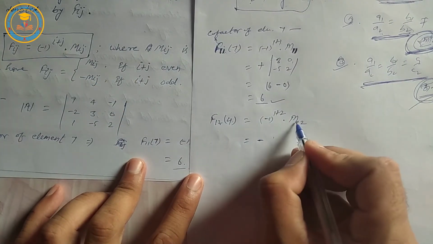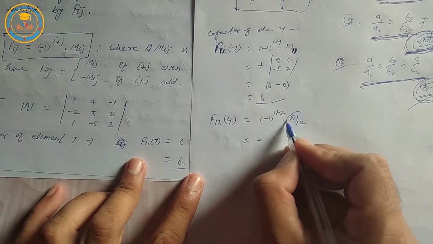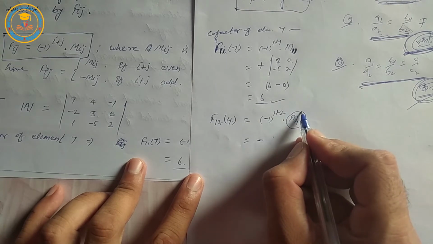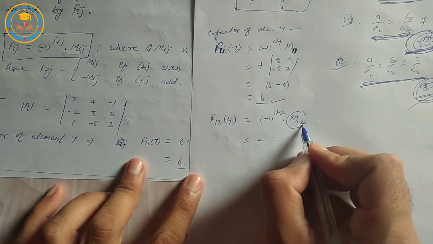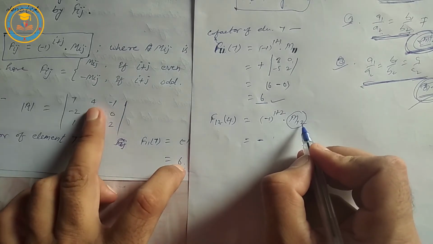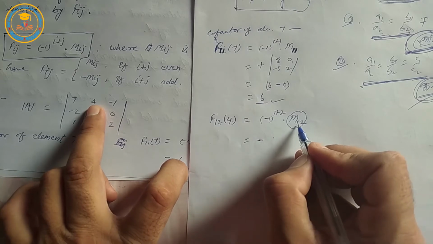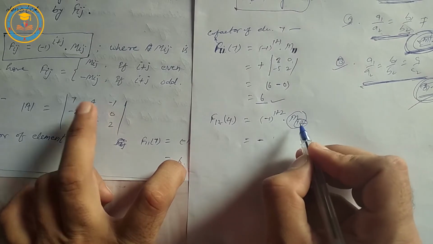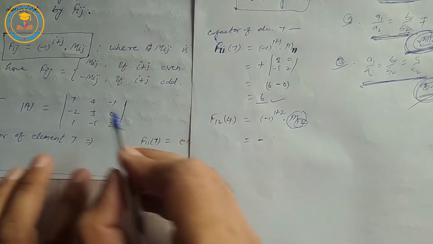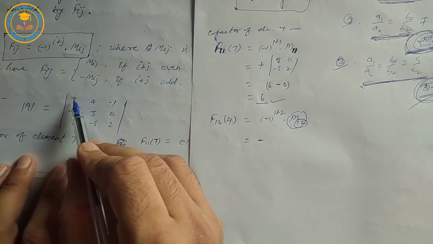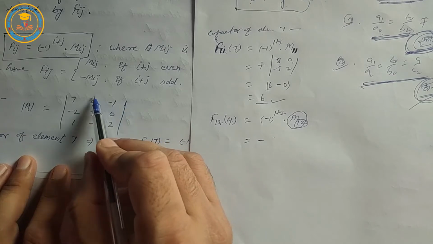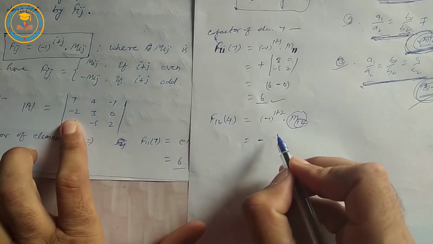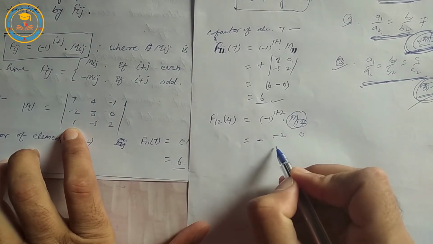M12 means the minor of element 4, leaving the corresponding row and column.